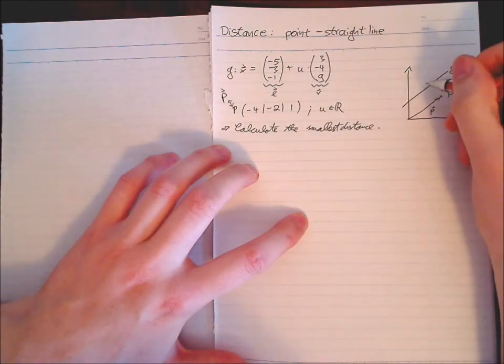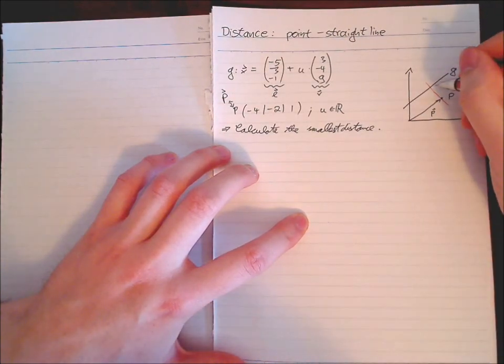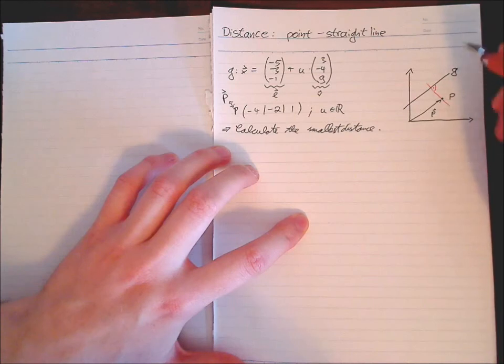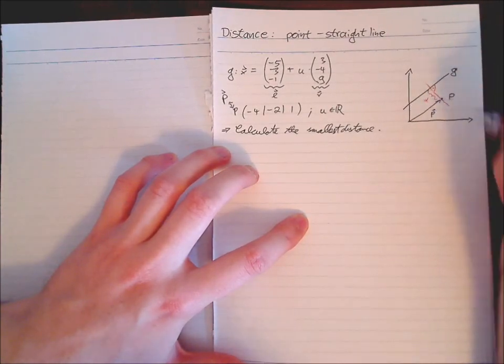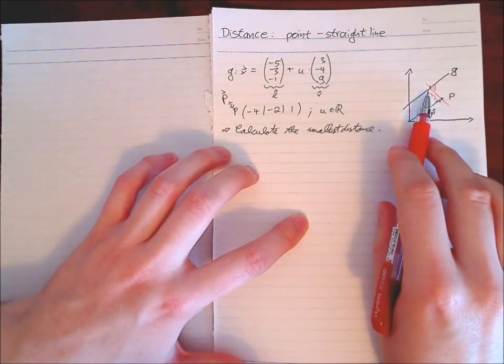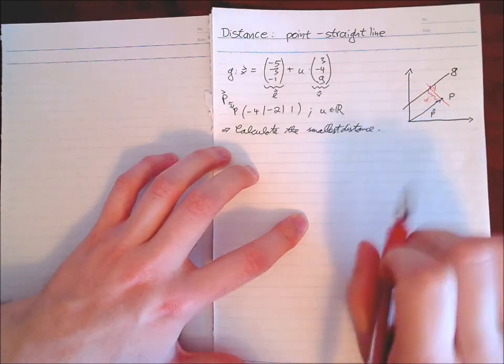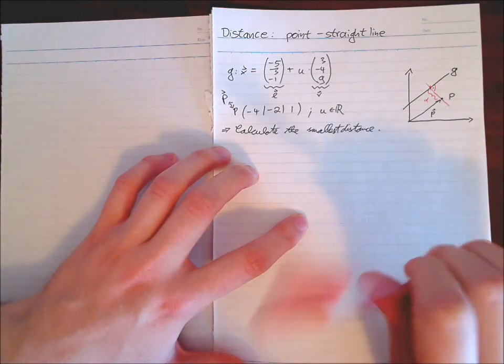We can say there's another straight line, which is 90 degrees to our first straight line, and when we put this straight line right through P, then we have an intersection point with G, and the smallest distance is this one, in between the intersection point and P, right?